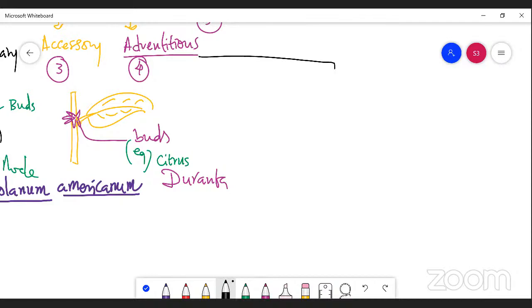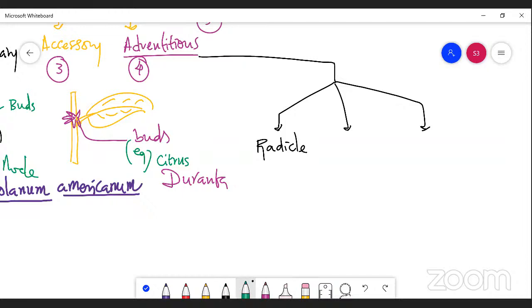It is further classified into the following types. The first category is radical bud. The second category is foliar buds. The next category is cauline bud.